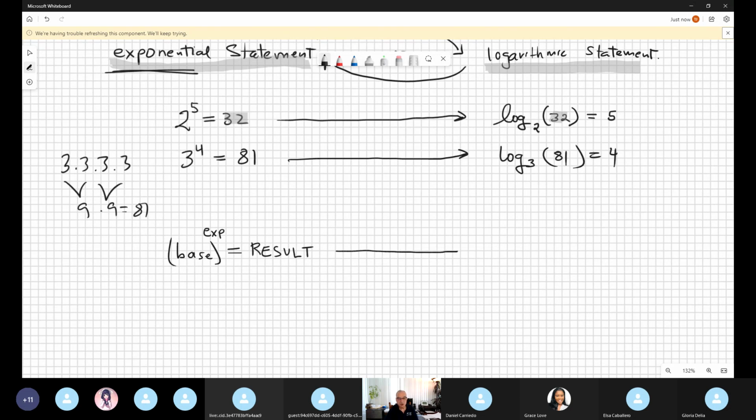However, when you change to the logarithm statement, you put log, you put a small number here that represents the base, you open the parenthesis, and the answer it offers is the exponent, and the number inside is the result of the hypothetical exponential we were doing before.